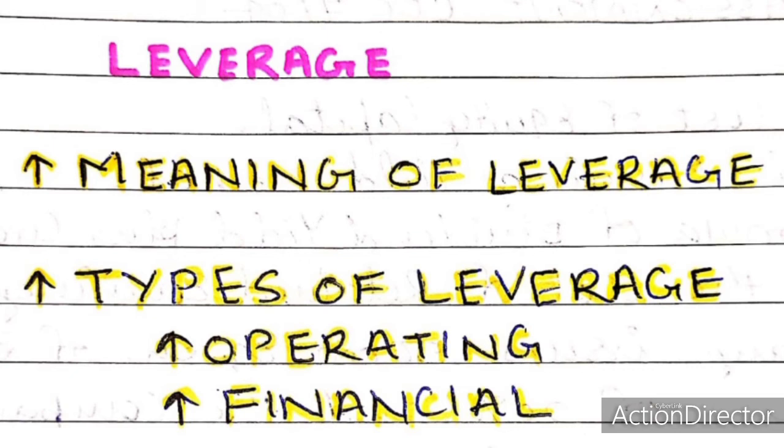It establishes a relationship between volume of sales and operating profits. This increase or decrease in profits occurs on account of fixed operating costs and fixed financial costs. Therefore, leverage are of two types: operating leverage and financial leverage.